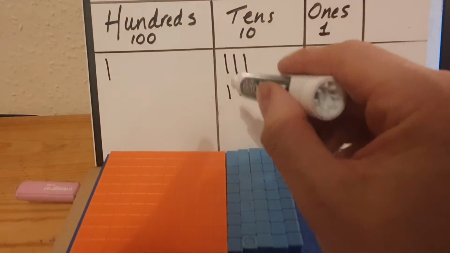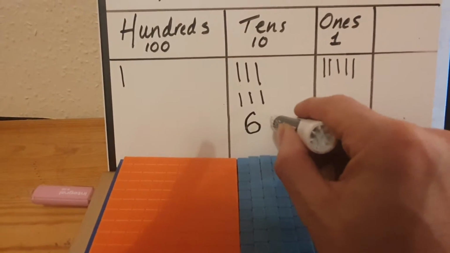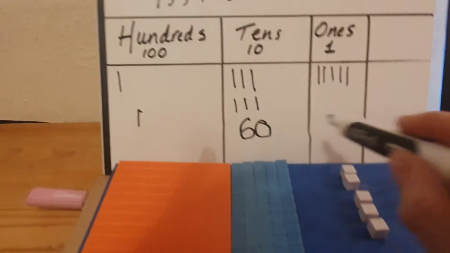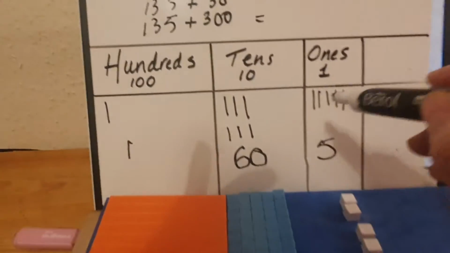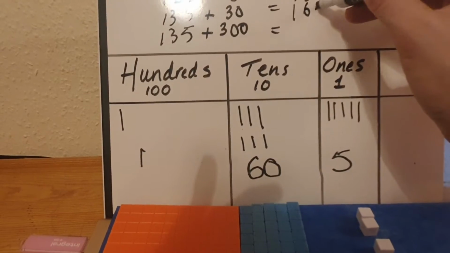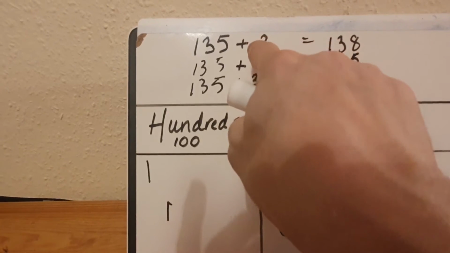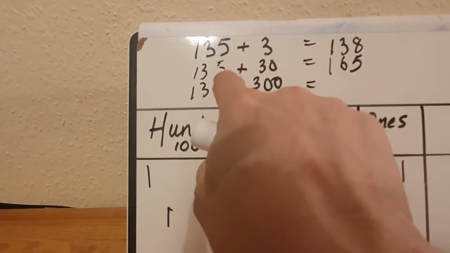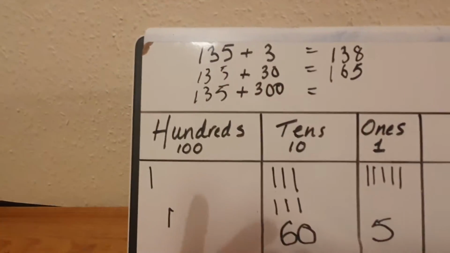So this time you can see I've got 6 tens, and we'd write that as 60. We've still got 100, and we've still got 5 ones. So now I can see that is 165. Now you can see here is the ones changed, so that became 138, and here the tens have changed. So the 5 stays the same, and it's just the number in the tens column that has changed.